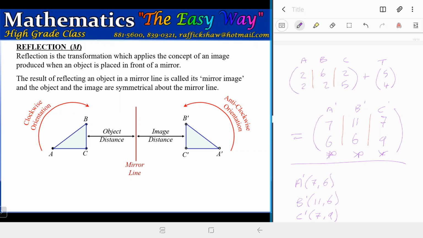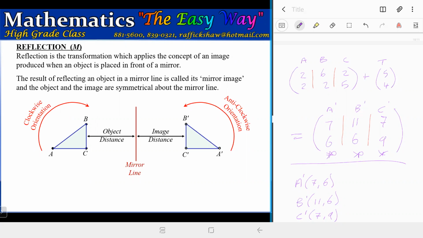You will see a reflection and it looks like a rotation, and you see a rotation and it looks like a reflection. To decipher which one it is, you can just check the orientation. If the orientation is reversed, as it is in this case, then you know definitely it is a reflection in a line that you have, because reflection in a line is the only transformation that reverses the orientation.